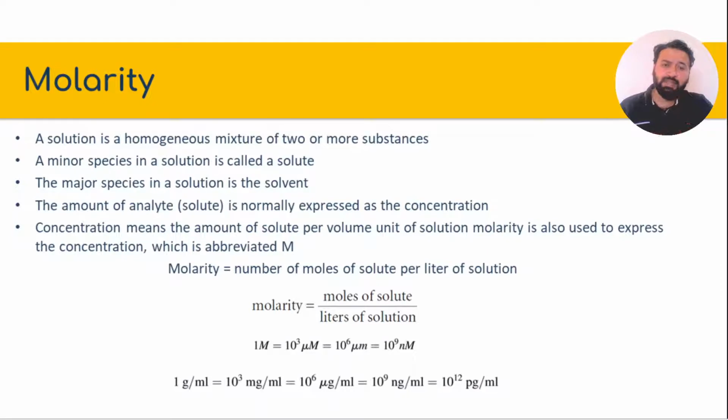That means moles of solute divided by liters of solution is known as molarity. Now, when the concentrations are low, it is impractical to use molarity M. In such cases, we use millimolar, micromolar and nanomolar. For example, 1 molar is equal to 10 to the power 3 millimolar.